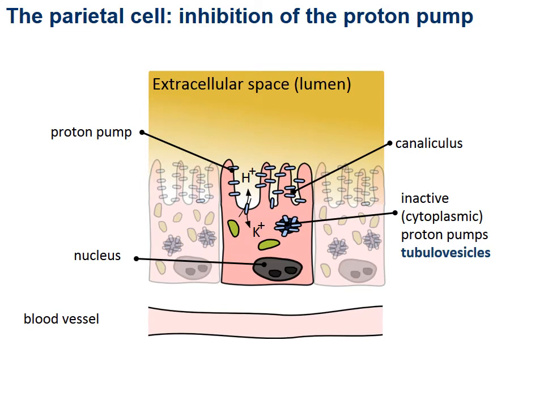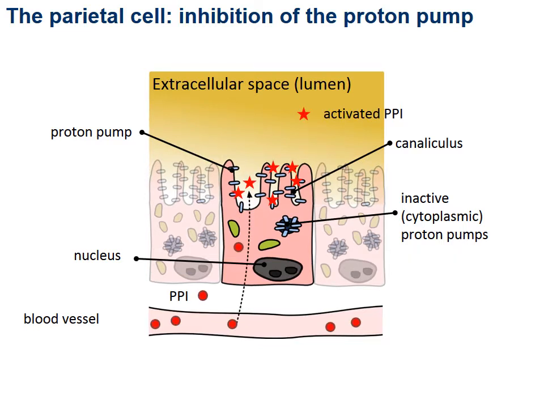So as we discussed in chapter 1, when the cell is actively secreting hydrochloric acid, the proton pump will be present at the apical membrane. But also note that some of the proton pumps will be present on inactive vesicles in the cytoplasm, the so-called tubular vesicles.